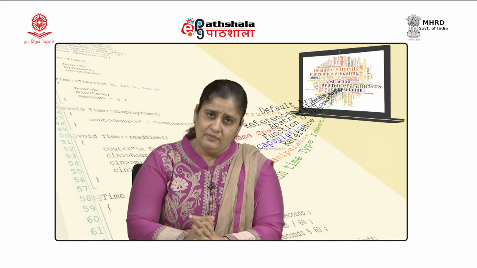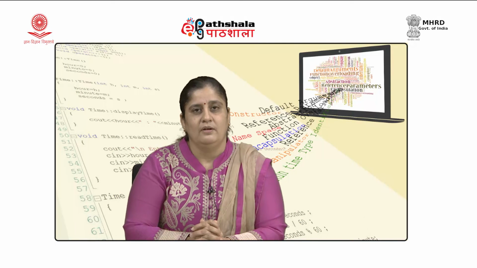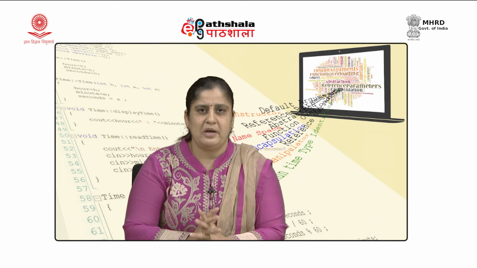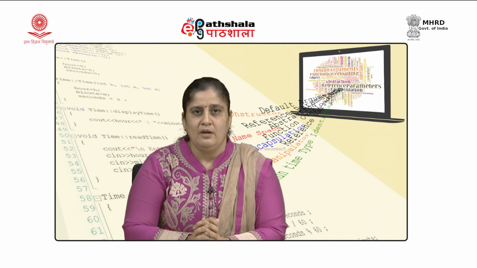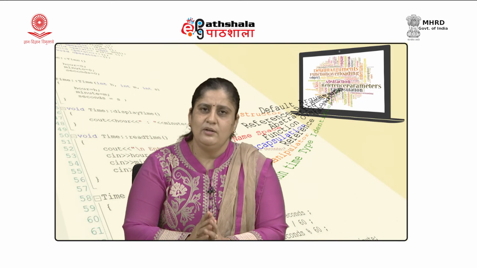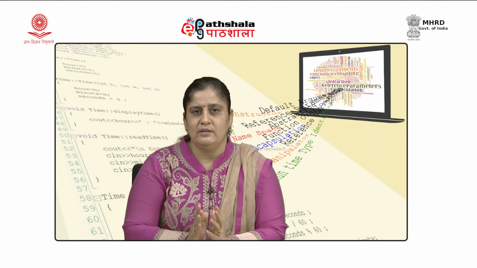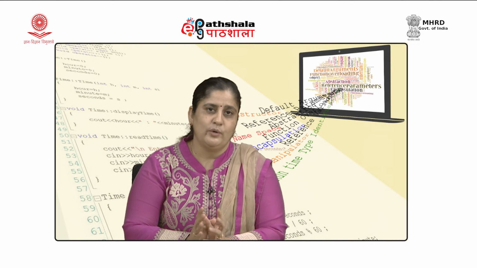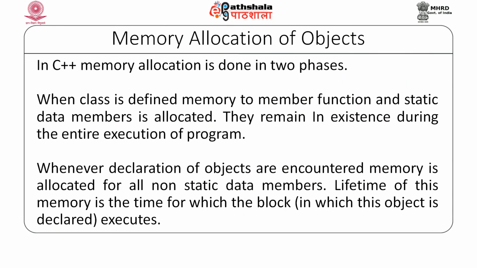Now, let us have a look at the memory allocation aspects of classes. In C, you know how the memory is allocated for the variables. Every data type has its fixed defined amount of memory that can be allocated to it.